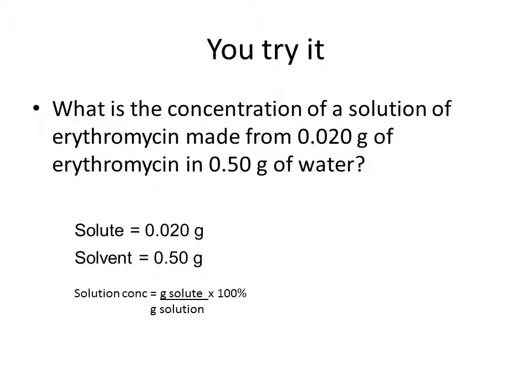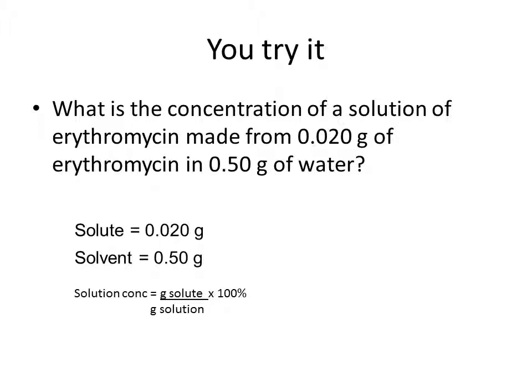The solution concentration formula is that it's the grams of solute over grams of solution times 100%. The grams of the solute is 0.020 grams, so we can plug that in. And the grams of solution, remember, is not 0.5 grams. That's the grams of the solvent.